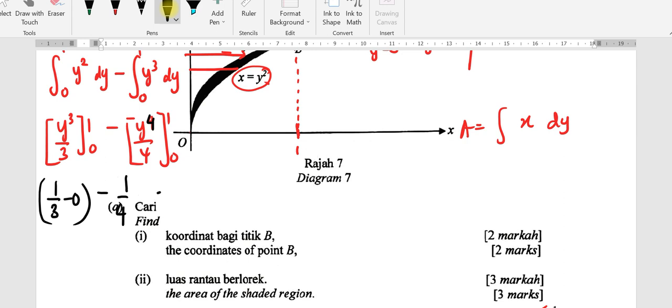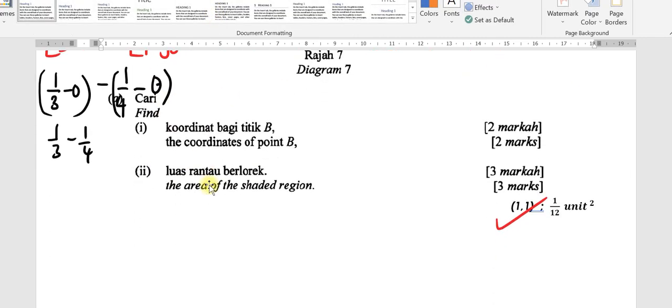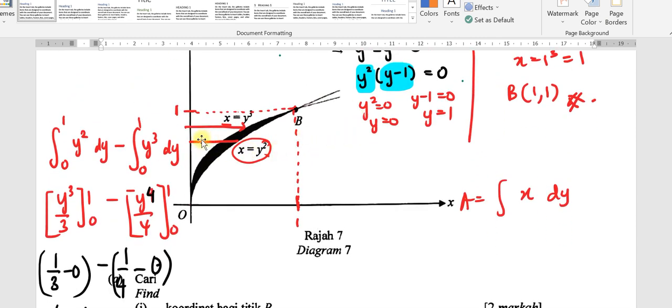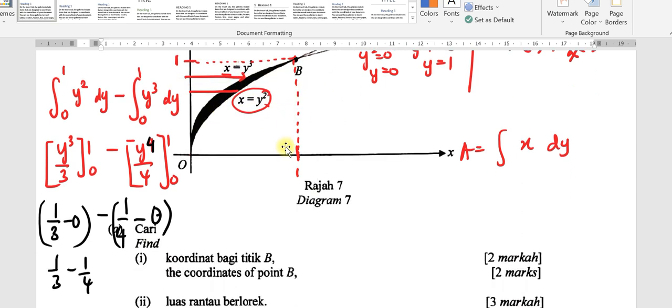So 1 over 3 minus 1 over 4, and you get 4 minus 3, 1 over 12 unit square. Quite easy. Don't be afraid to take y as your dy limit. It depends on the question. If you did it in x, you would have to change the powers to 1 over 2 and 1 over 3, so it's easier to finish it this way.